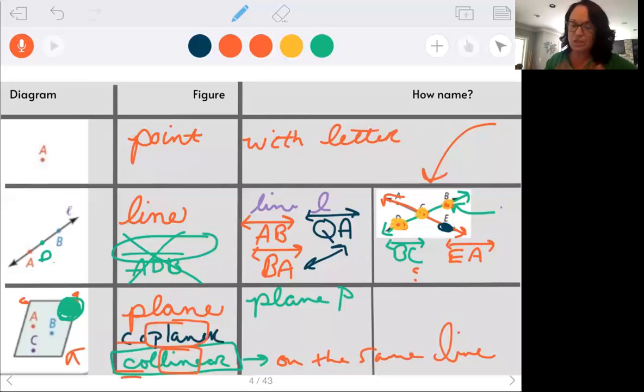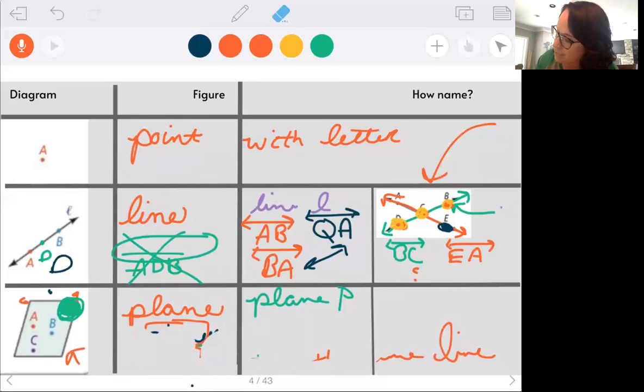Picture that floating in space, like a sheet of paper laying on those points A, B, and C. Now suppose I loft a point D above it. It's hard to do on this two-dimensional paper, but pretend here's the plane with A, B, and C on it, and then I loft D up here. D would not be coplanar with the other three because it's on a different plane. So we have those words down.